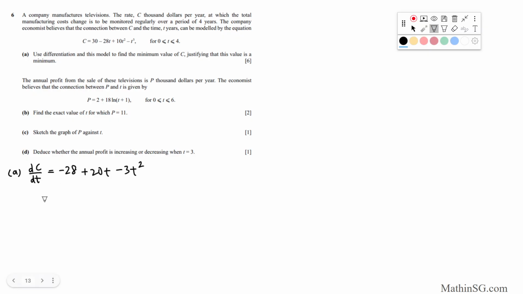So when it's at minimum, dC/dt equals to 0, right? So I'm going to equate this to 0. Then factorize it.